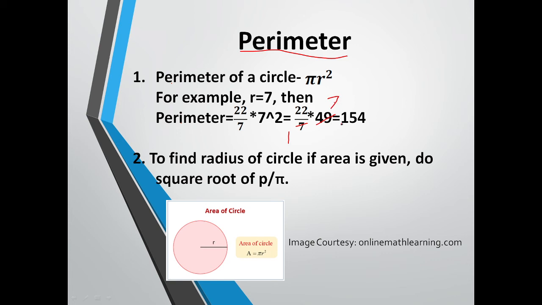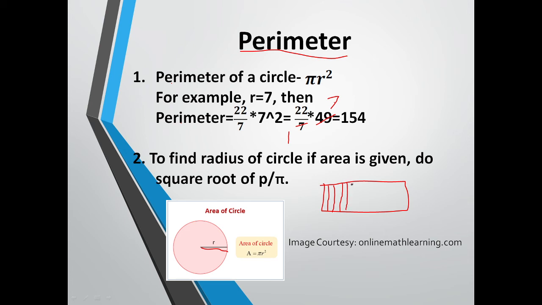So how did we derive this formula? The amazing fact is that the radii of the circle can be rearranged into a rectangle. So this is one radius, this is the second radius. I am not drawing the actual radii like how they will come in a rectangle.